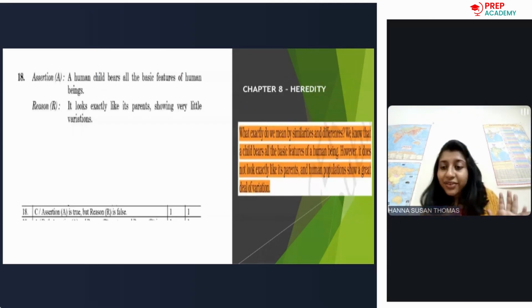Then comes our assertion and reason. Under assertion and reason, there are four types of options.